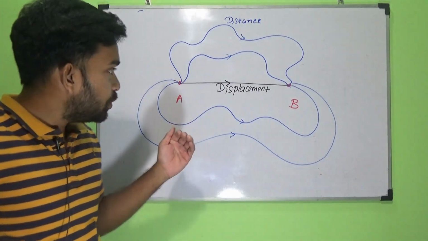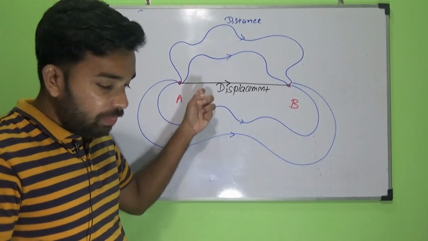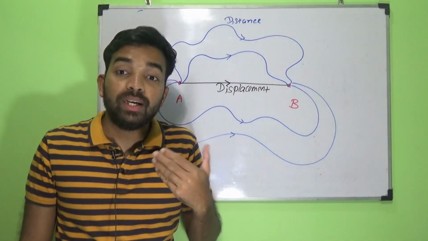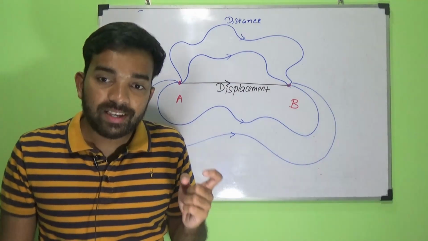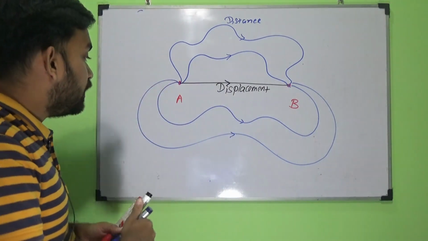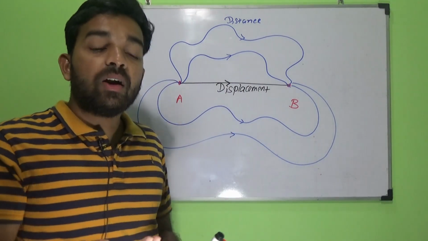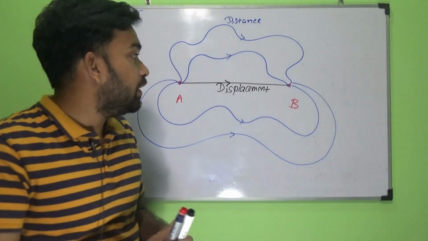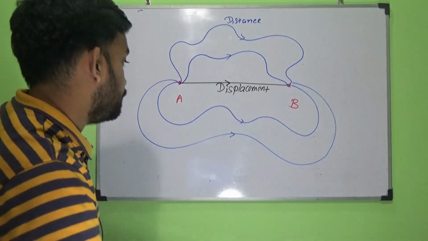So when it comes to the displacement, there is also something else that you should know and that we should learn. That thing is the vector quantities and the scalar quantities, right? The vector quantities and the scalar quantities. What is a vector?